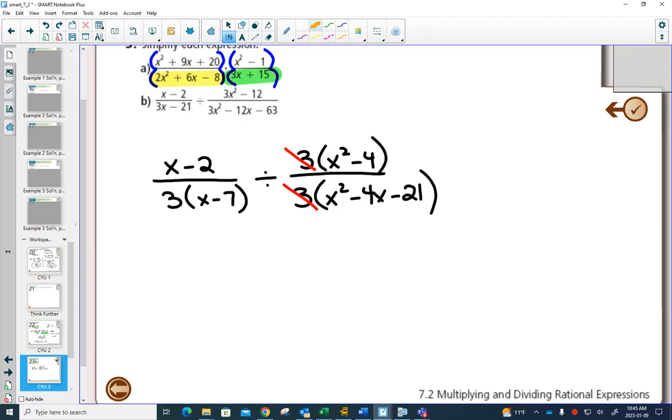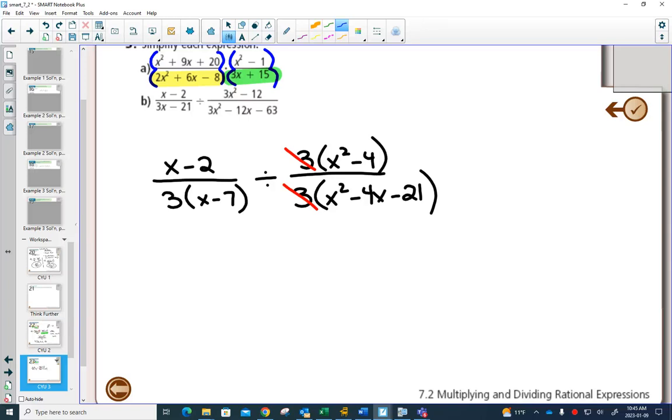Can you see why it would not be allowed to cancel this 3 out with this 3? Because in between those blue 3's is the divide sign. So that's not allowed at this time. You can only simplify when you're multiplying. But you can always simplify within the same fraction. So we would be able to simplify these 3's.